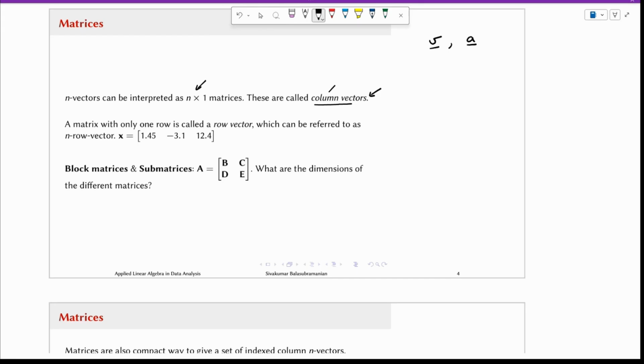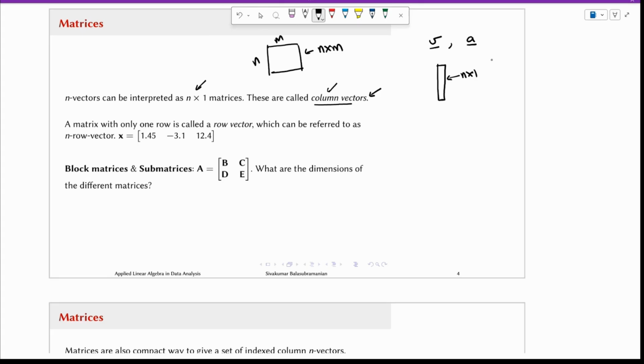Okay. Because I've said column vector, that means there must be a row vector as well. If this represents a column vector, I can have another matrix which is, so before, if I have a matrix with n rows and m columns, we'll say this is the n cross m matrix. That means an n-vector is an n cross 1 matrix.